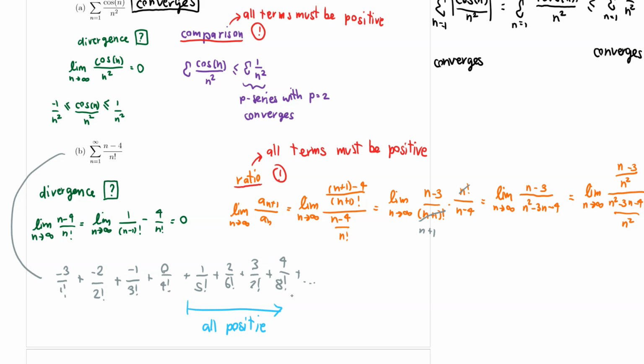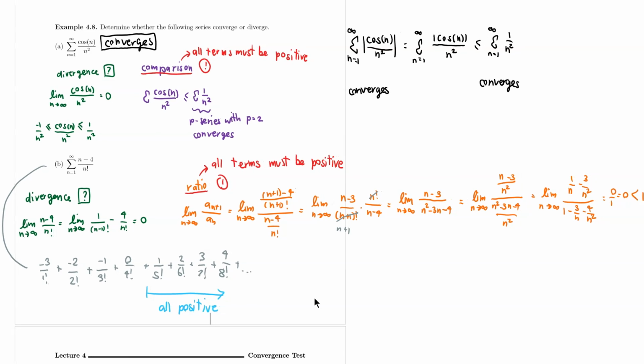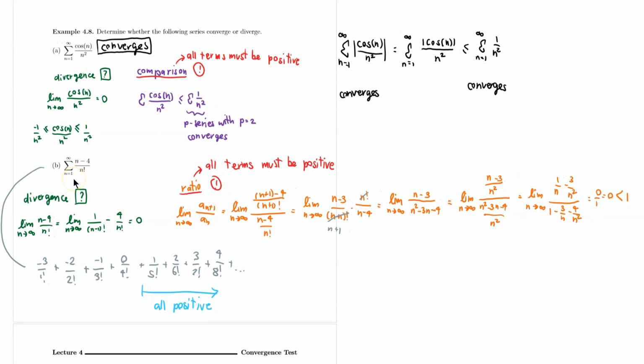And that is actually good enough. This is good enough to use the ratio test now. So then I can conclude using the ratio test that this series is going to converge. So let me just say converge here.